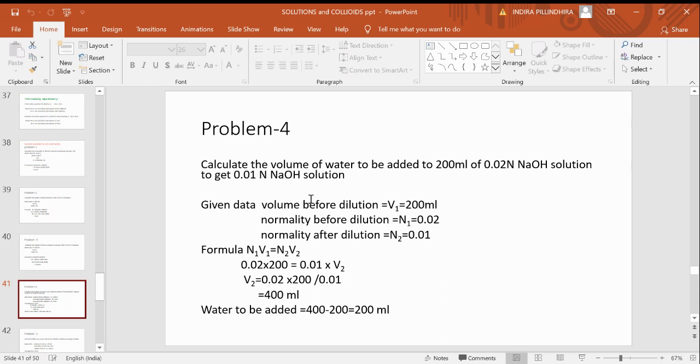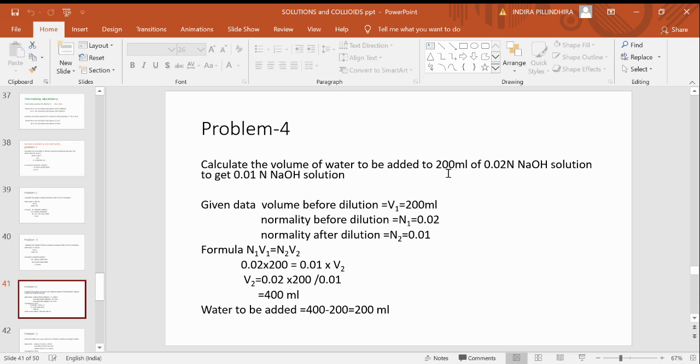Problem 4. Calculate the volume of the water to be added to 200 ml of 0.02 N NaOH solution to get 0.01 N NaOH solution. So for any problem, the first thing is we should read the problem very carefully, and second step is we should write the data very carefully, and once the data is written, then we will get the idea which formula has to be implemented over here.